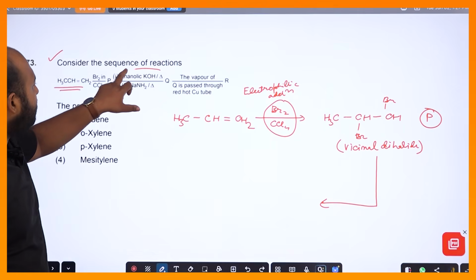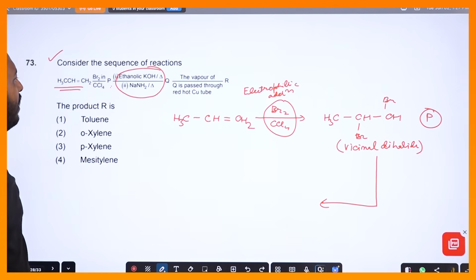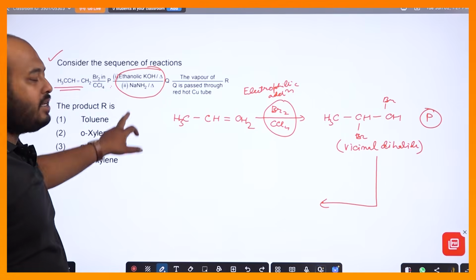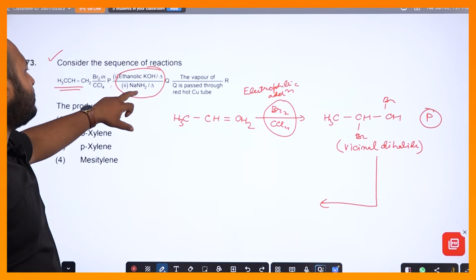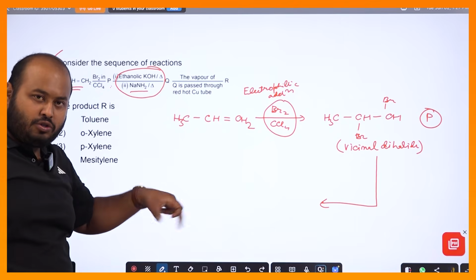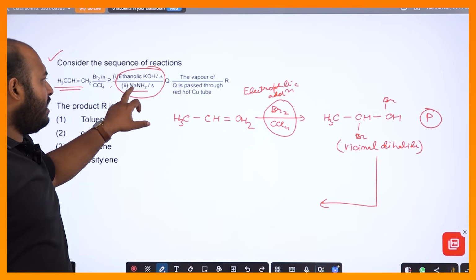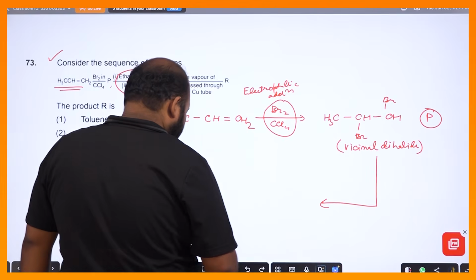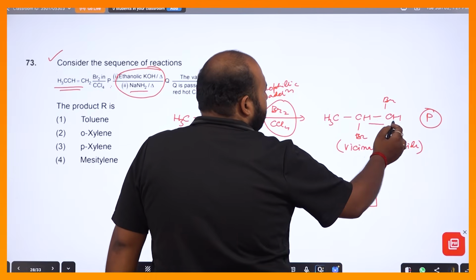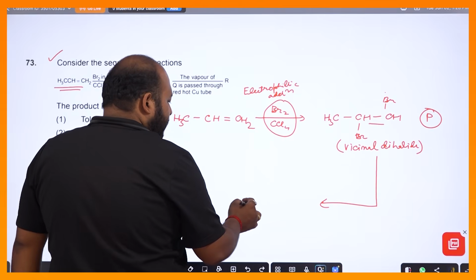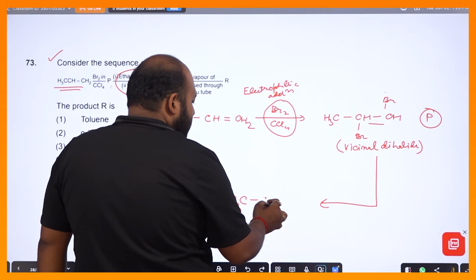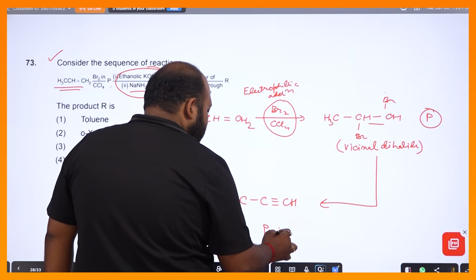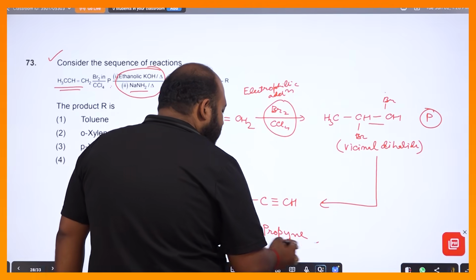And in the next part, it has asked for an elimination kind of reaction, where in the first case it has given ethanolic KOH with heat, followed by a much stronger reagent, NaNH2 with heat. This will take out the HBr from these two parts and ultimately form a triple bond, that is C≡CH. So it has formed an alkyne, that is propyne.